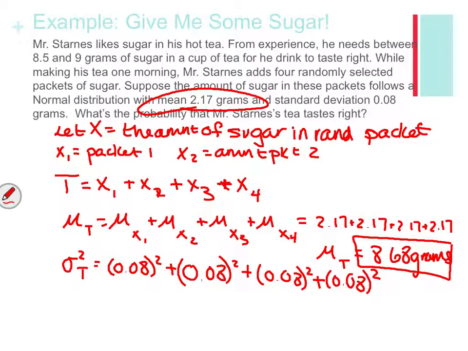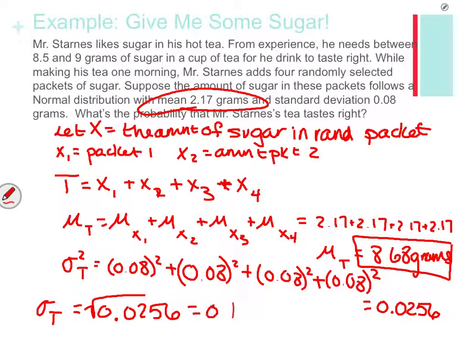That gives me a variance of 0.0256, which gives me a standard deviation of about 0.16 grams. I need this and the mean to calculate my probability.